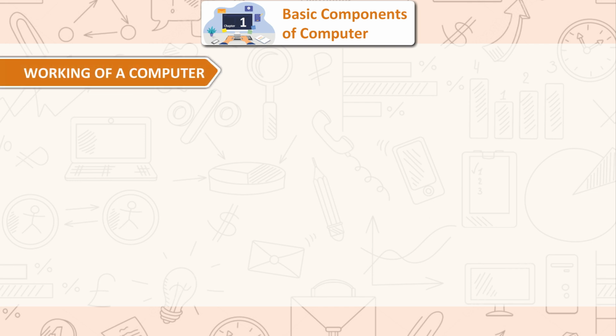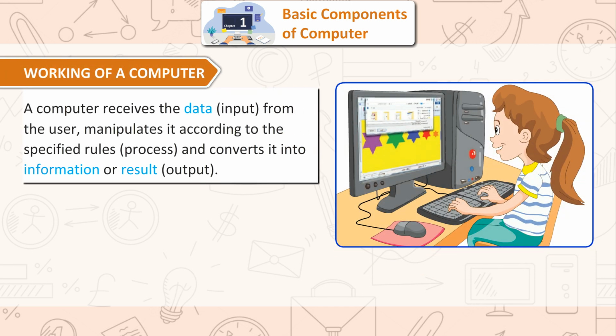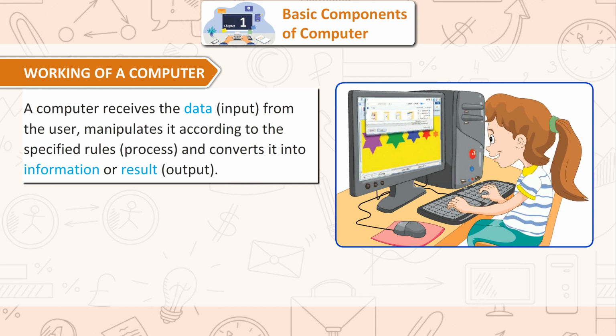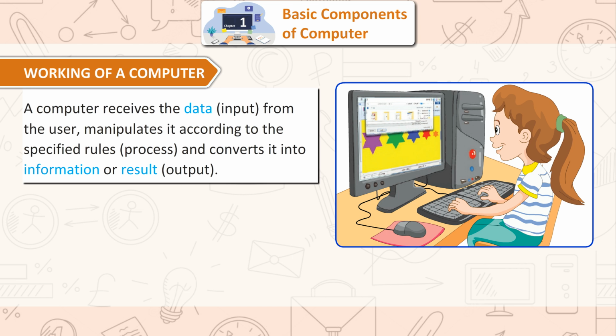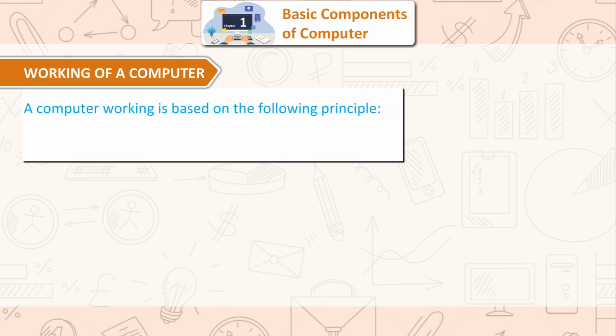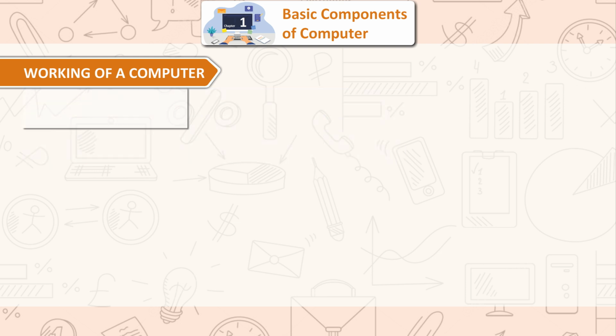Working of a computer. A computer receives the data input from the user, manipulates it according to the specified rules, processes, and converts it into information or result, output. A computer's working is based on the following principle: input, process, output.